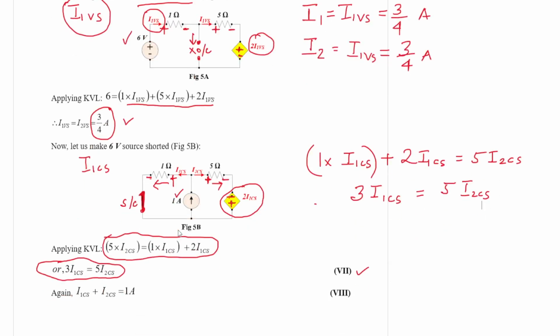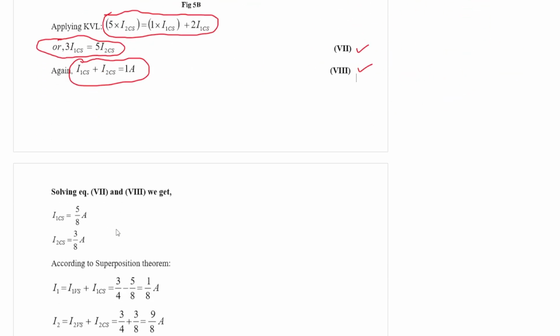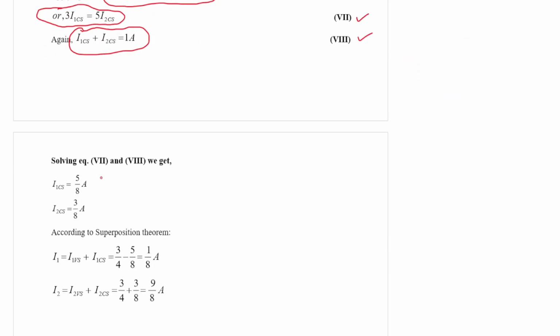Again, you can understand that these two currents, I1 CS and I2 CS, make up this 1 ampere. So you can write the equation I1 CS plus I2 CS is equal to 1 ampere. If you solve equations 7 and 8, you will get I1 CS equal to 5/8 ampere and I2 CS equal to 3/8 ampere.